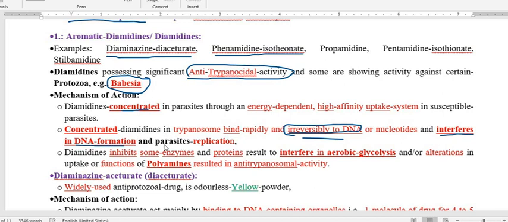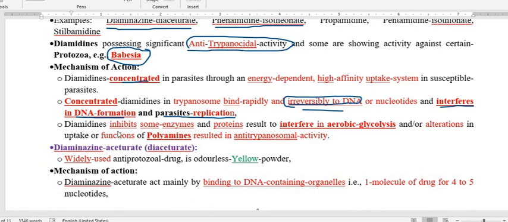Because it binds to the DNA, it interferes with DNA formation, and therefore it hinders parasite replication.